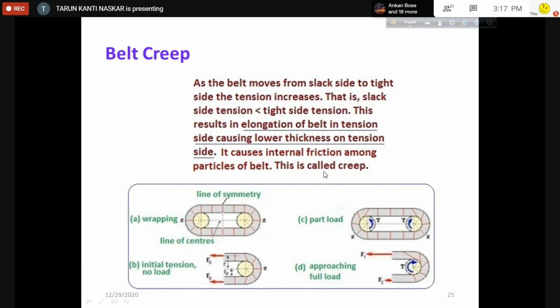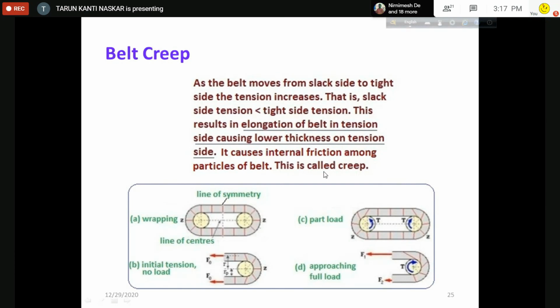So sometimes it will be thinner, and at the next moment it will be thicker. So the belt is sometimes under tension. That means it is elongated, and at the next moment it will be compressed. There is no elongation. It will be compressed. So this happens with a frequency.